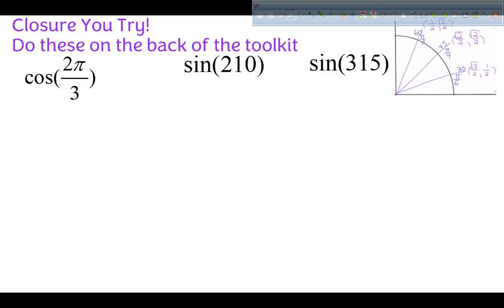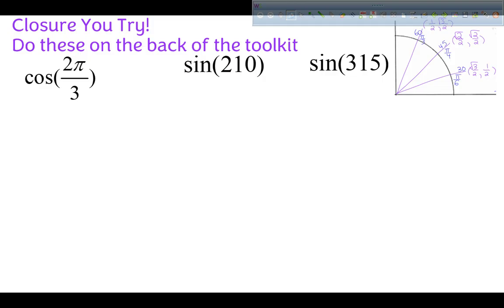Actually, it's not right because it is sine. It would be right if it was cosine. But now it's sine, so you want to use the y value. But you're in the right spot. And sine in that quadrant is negative. What about sine in this quadrant?